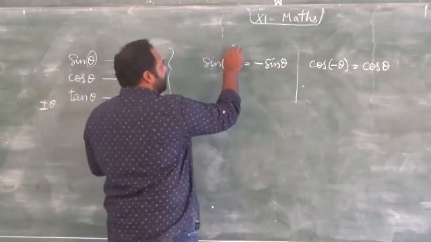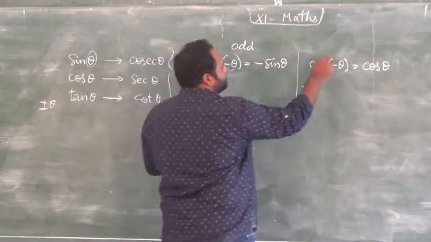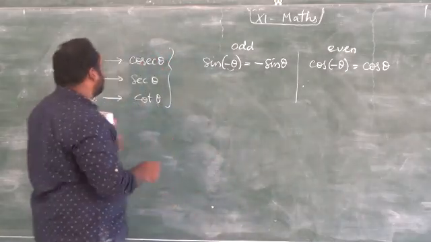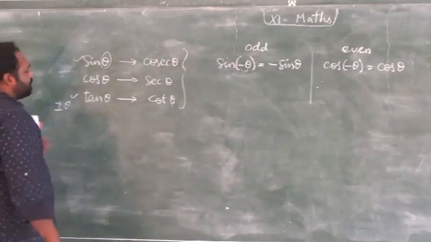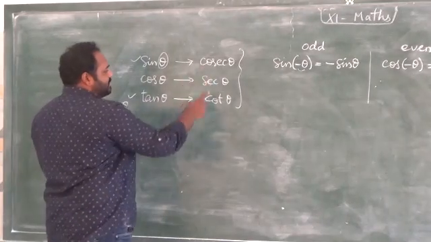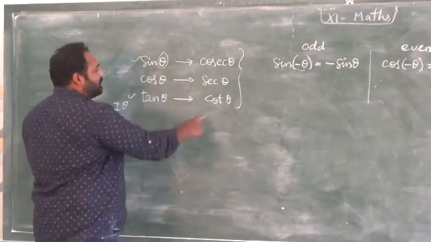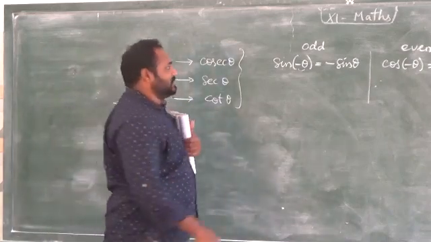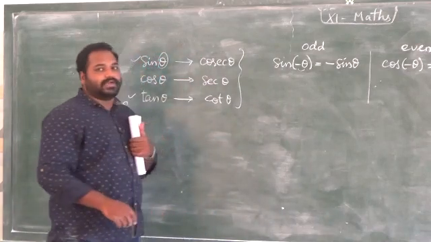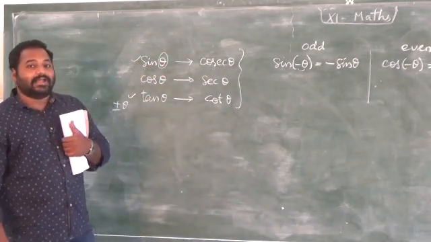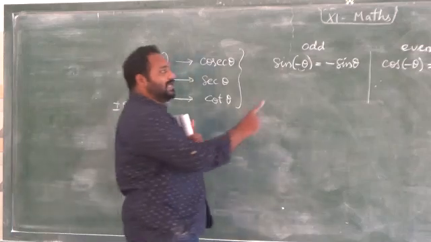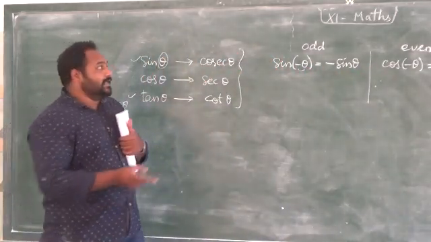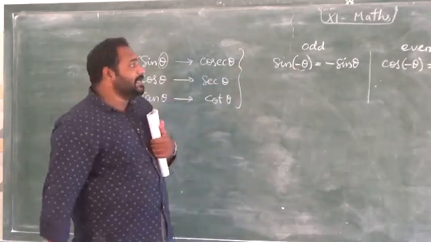So we have odd functions and even functions. The odd functions are 4 ratios: sine, tan theta, cosecant theta and cot theta. Only cos and secant are even functions. When the angle value is negative in even functions, the whole function will be positive. When the angle value is negative in odd functions, the whole function will be negative.